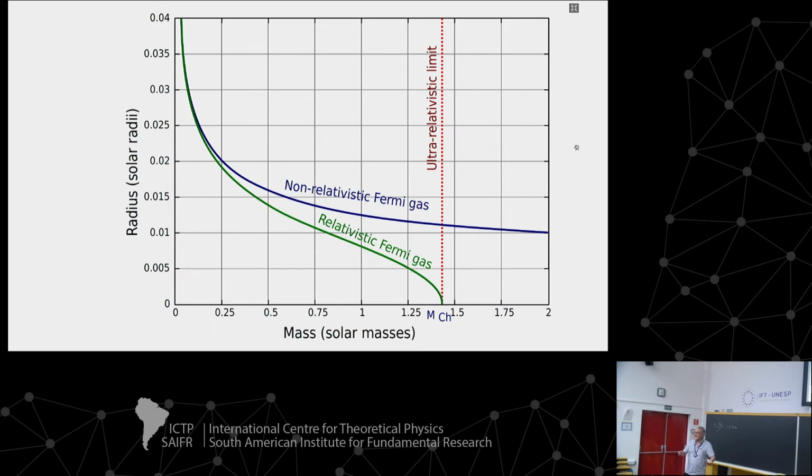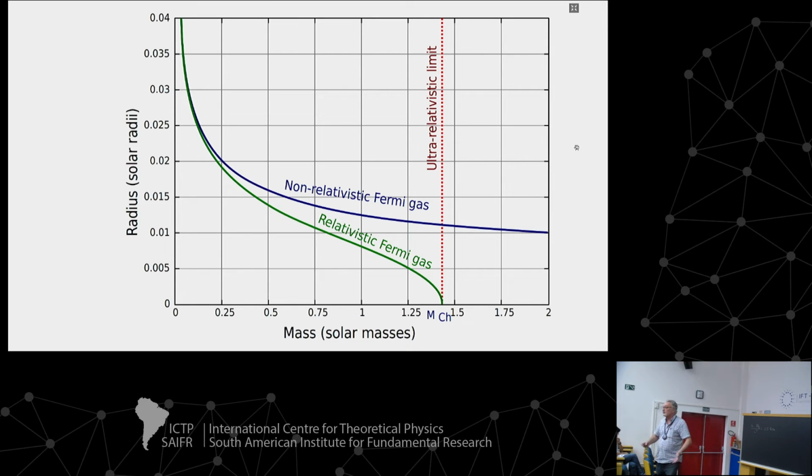But after some density, the Fermi momentum is comparable to the mass of the neutrons, so you need to put in relativity.